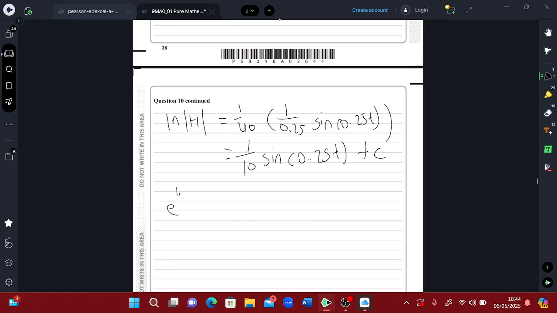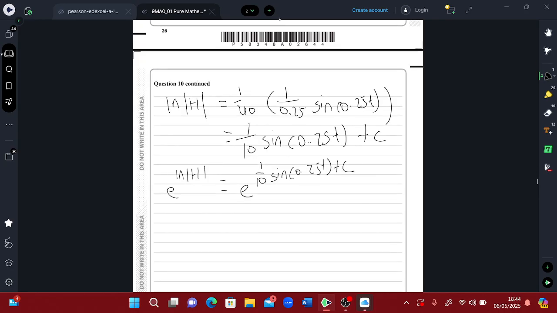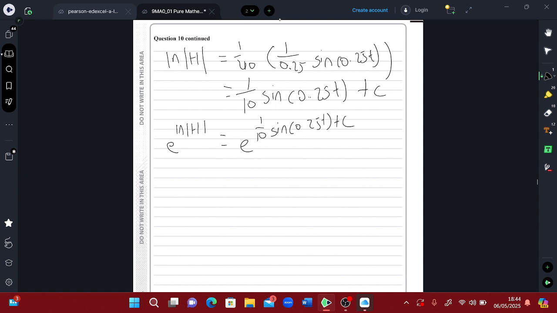But yeah, so then we can raise it to the power of e. E to the 1 over 10 sine 0.25t plus c. Now, you should remember the rule, and actually I think it's in the formula book, e to the ln x will always be x.